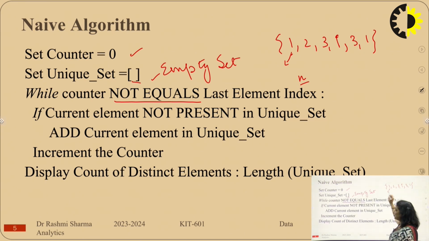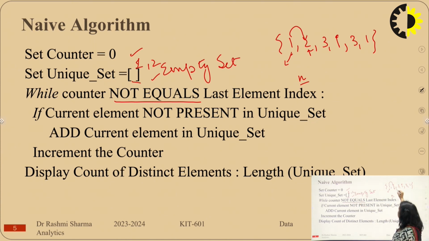So after pass 1, I would have the value 1 in my unique set. Then I increment the counter, that is I go from 1 to 2. Then again I go for the while loop. I see I have traversed the second element. Again, I look into the unique set. It doesn't belong to the unique set. Then I have an entry of 2 and the counter is incremented by 1.